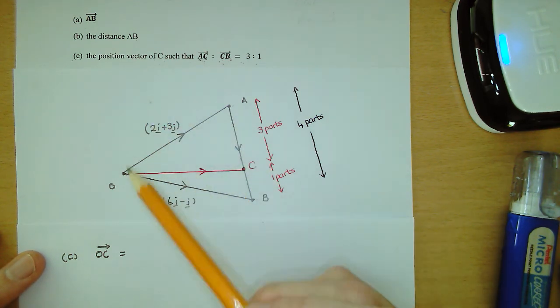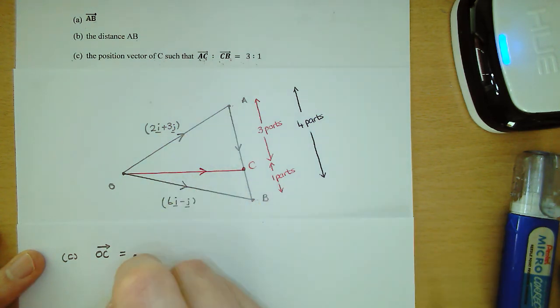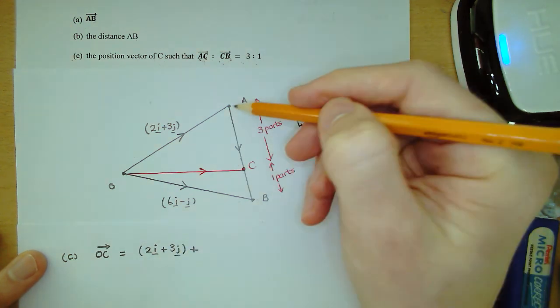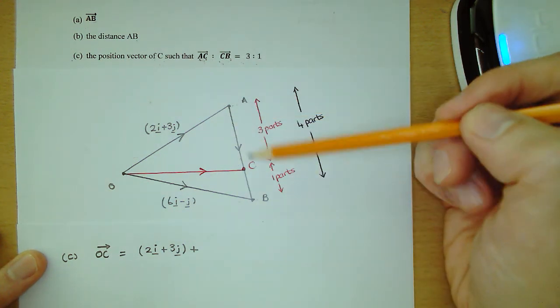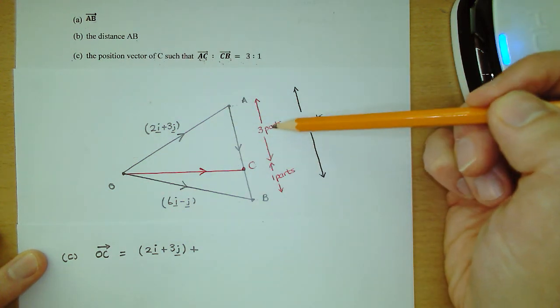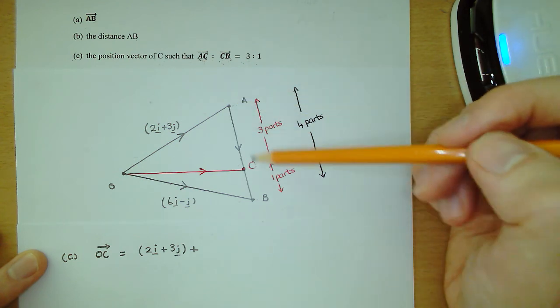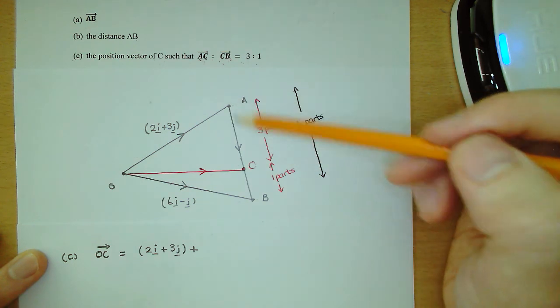So O to C means we're going from O to A, so it's vector 2i plus 3j, and then we're adding on vector AC. Now, vector AC is 3 parts out of 4 parts. Hopefully you'll agree, AC is 3/4 the length of AB.